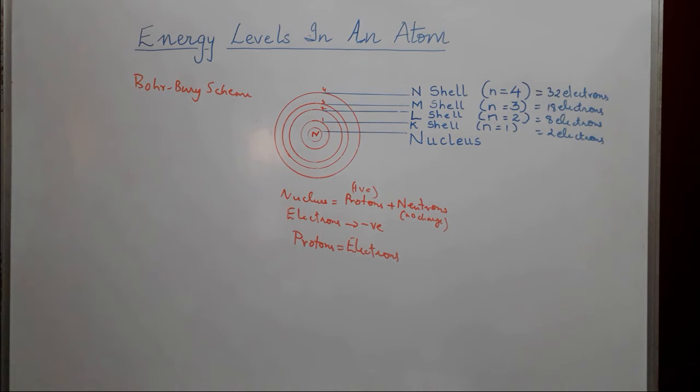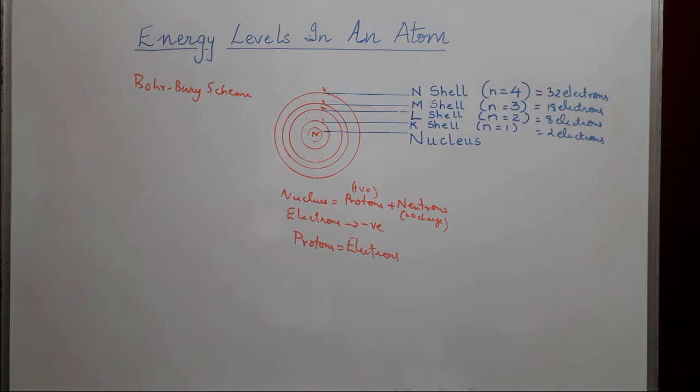So it says that the outermost shell can't hold more than 8 electrons, while the second last can't have more than 18 electrons, even though they may have capacity to hold more electrons. So let us take an example to understand what it means over here.